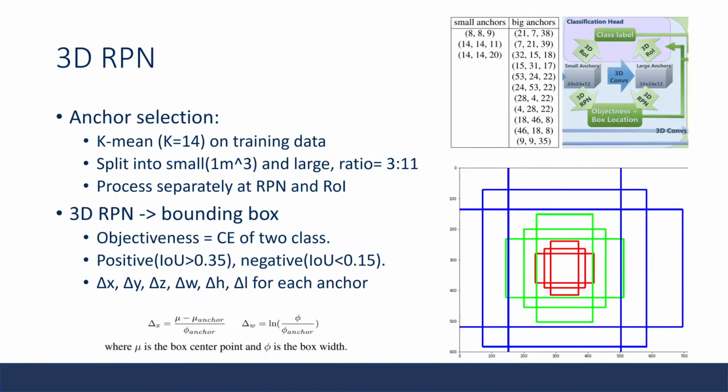Second part is the 3D region proposal net. What it does is it will put a series of anchors and then decide whether each anchor is useful or not. The anchor size is determined by running a k-means on the training data and splitting the anchor sizes into two groups, the small and large.